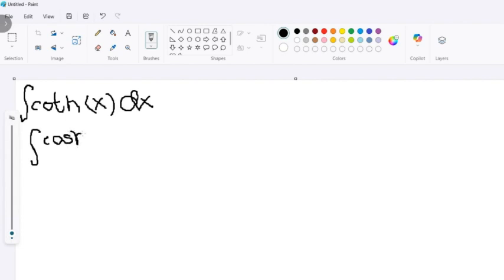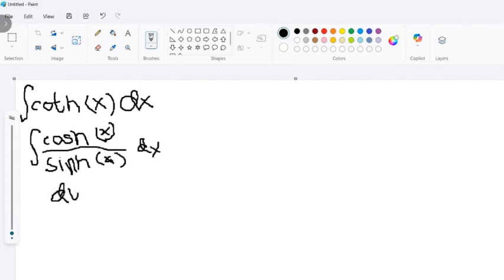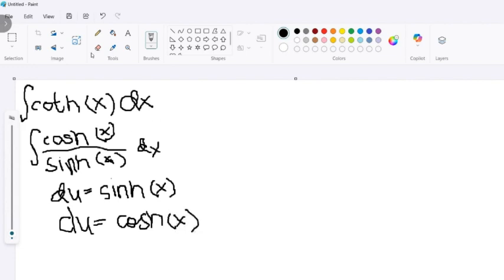We have coth x dx. So the quotient identity of coth is equal to cosh x over sinh x dx. So now we will use sinh x as our u. The derivative of sinh is cosh x.